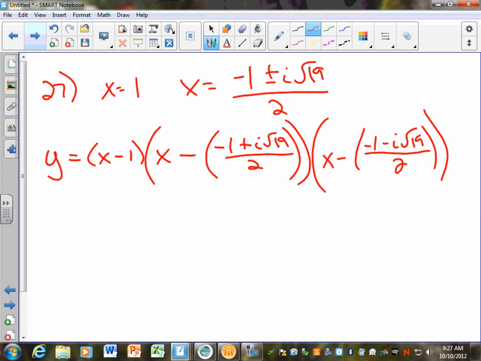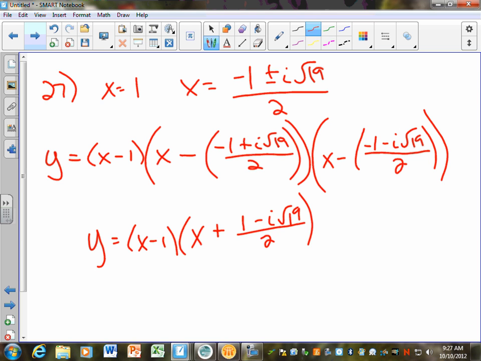So I'm pretty sure if you look your answer up in the back of the book on number 27, they're going to distribute that. They're going to give that negative to everything on the top. So they're going to write that as x plus 1, and if you distribute the negative there, you're going to get minus i radical 19 over 2. All I did was distribute the negative. And the same thing on this one. Minus a negative 1 would make that plus 1. And minus a negative would make that plus i radical 19 over 2.